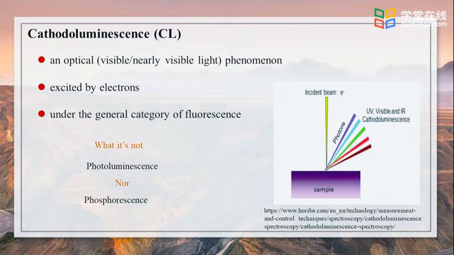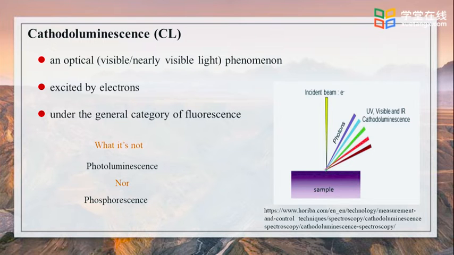In the latter case, phosphorescence is the radiation that continues to emit for more than 10^-8 seconds, and sometimes much longer, after the incident energy source ceases. And fluorescence is the radiation that ceases immediately, within 10^-8 seconds, following cessation of the source.